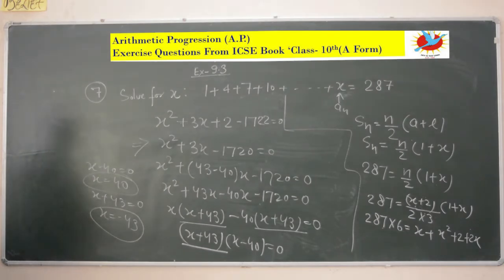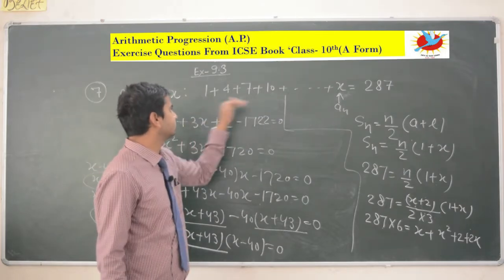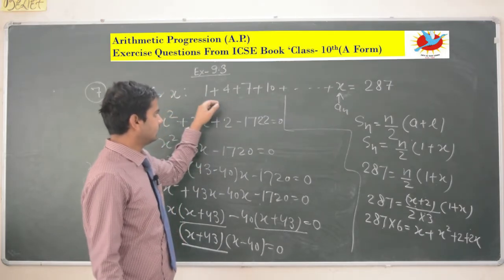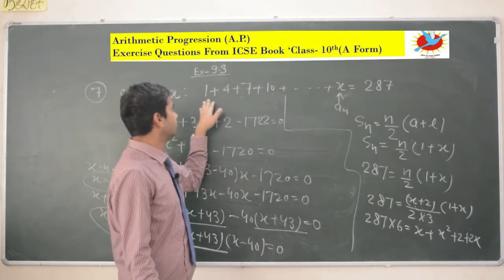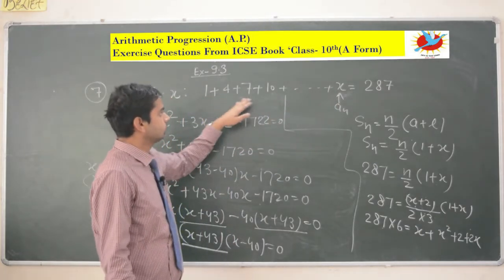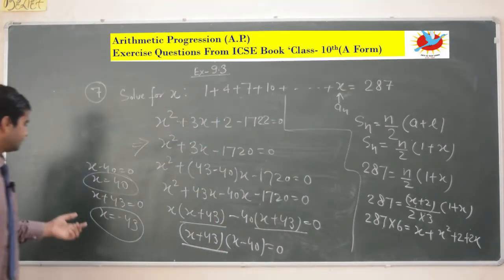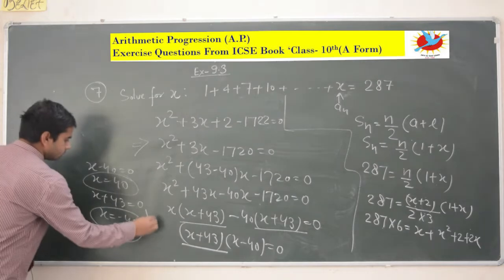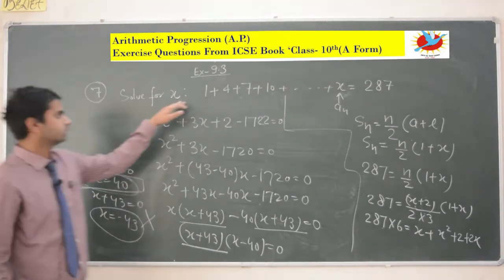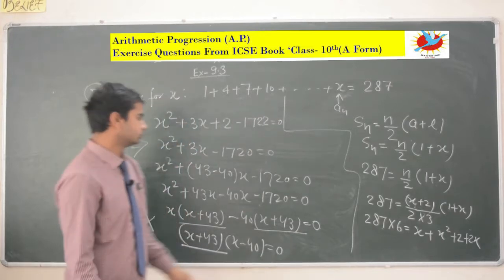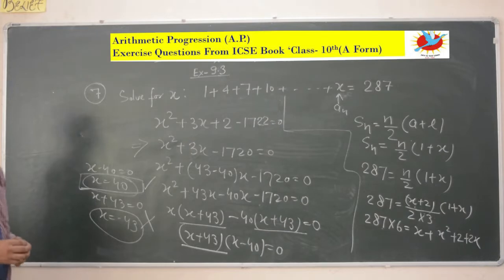As we know, this series is an increasing AP, where the next term is higher than the preceding term, so the numbers will be positive and greater. So minus 43 is not possible, only x equal to 40 is possible, because all the terms in this series will be positive. So x equal to 40 is our answer.